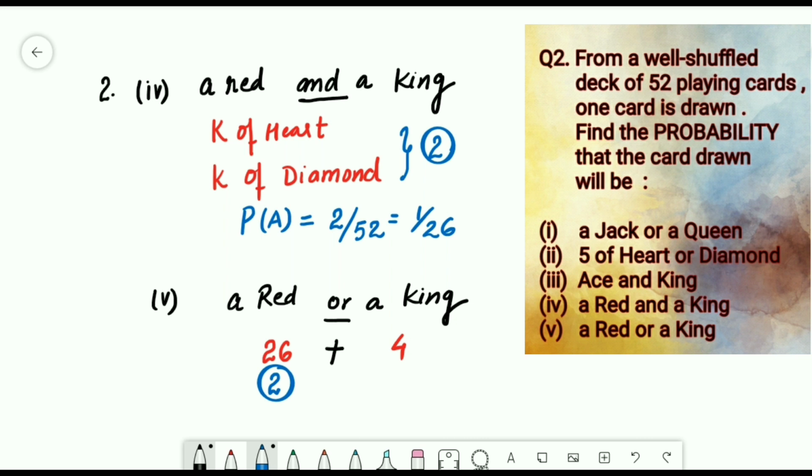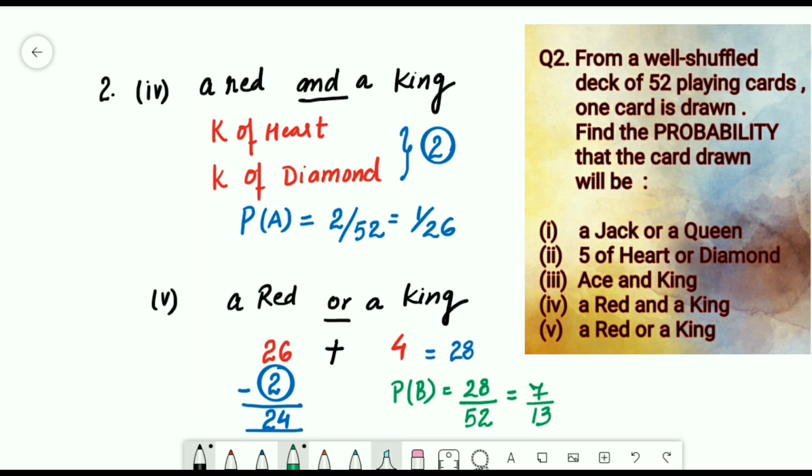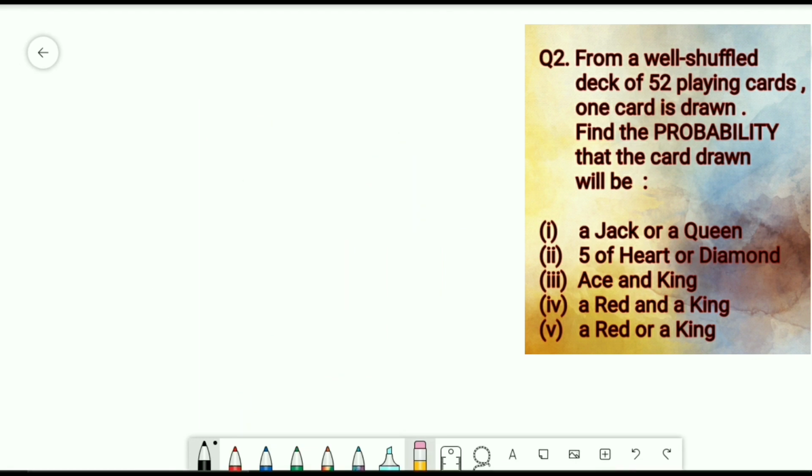So we cannot count these 2 cards twice, so we'll subtract 2 from here, so we'll get 24. So now in this case we have 24 plus 4, that is 28 favorable outcomes. So the probability will be equals to, probability of this event is equals to 28 divided by 52, and that comes out to be 7 divided by 13. So that's the final answer.